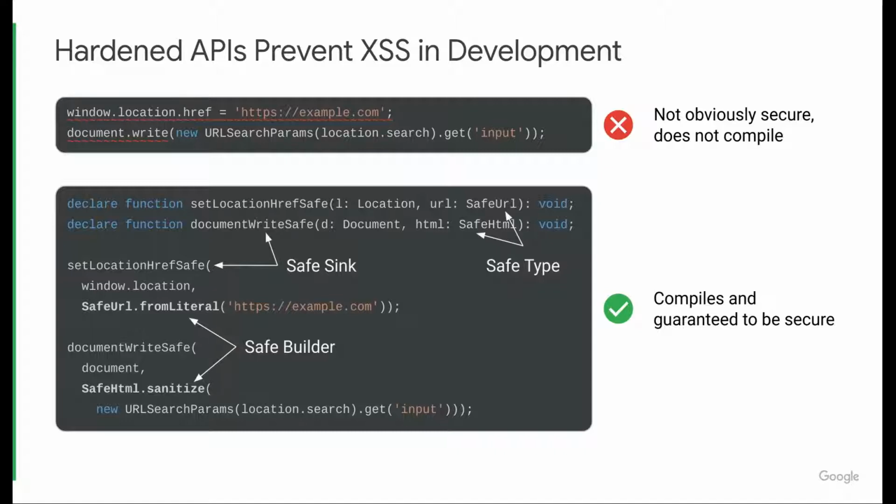So before using these APIs, developers have to use our safe builders to construct safe type values from potentially malicious strings, either by sanitizing them or making it clear to compilers that the strings are constant and not user controlled. At Google, the code on top cannot be compiled because we ban those dangerous APIs in the compiler, and that's how we make sure everyone is using the secure APIs.